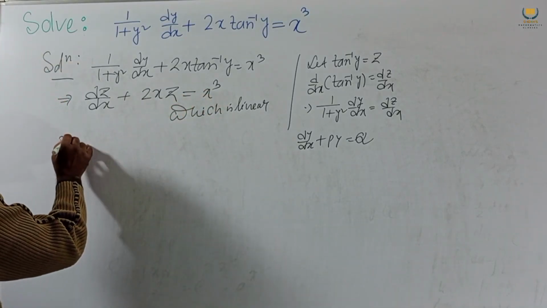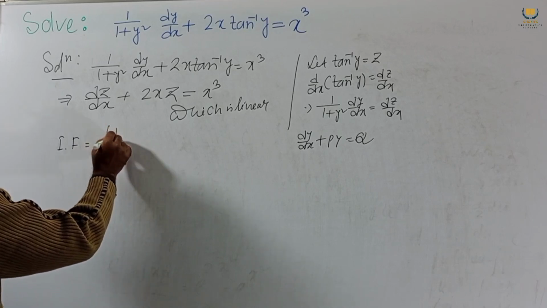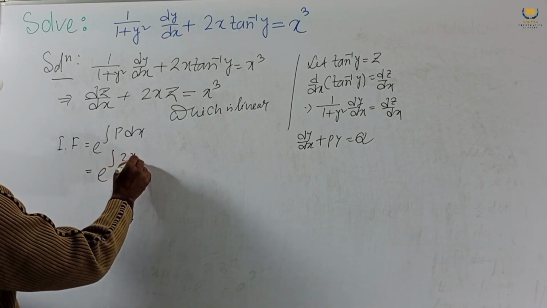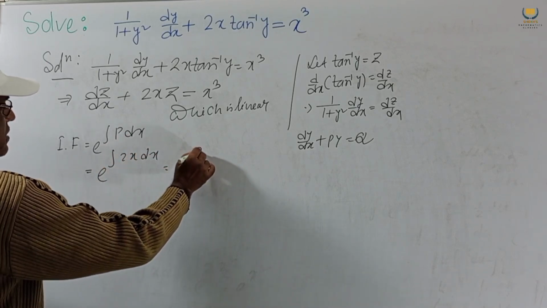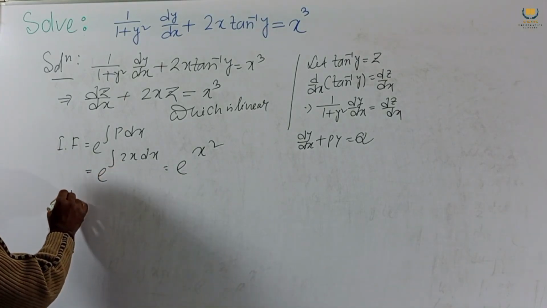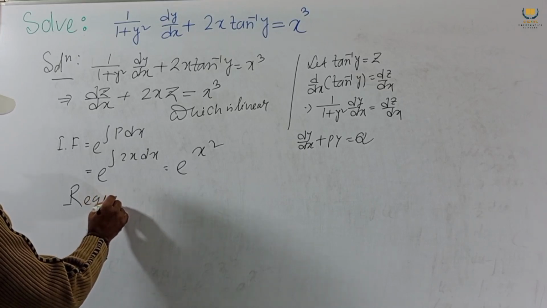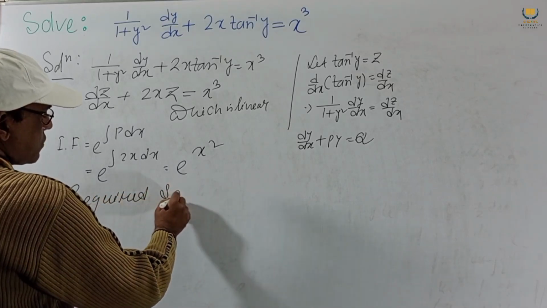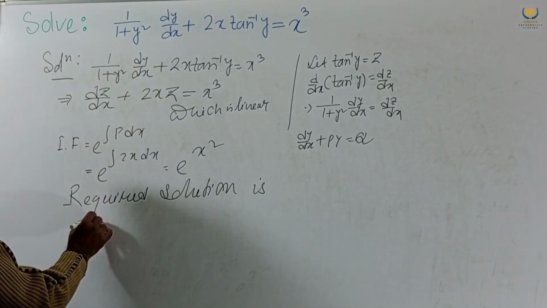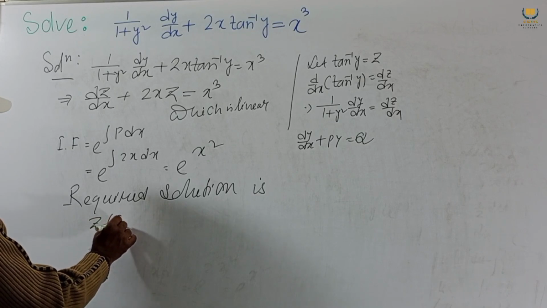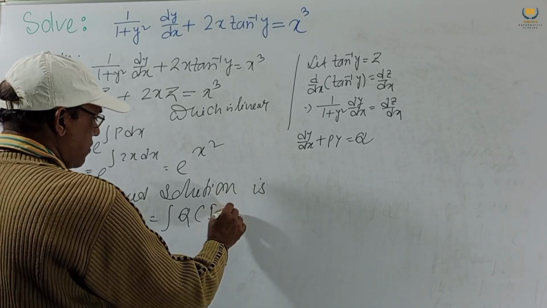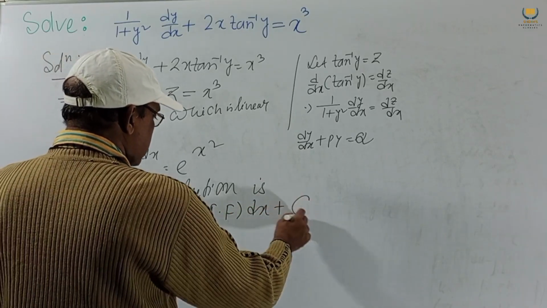Now if it is linear, we have to find the integrating factor, e to the power integral p dx. P means twice x dx, so this is x square by 2, 2 cancel, we get x square. Required solution is y means z into IF equal to integral q into IF dx plus c.